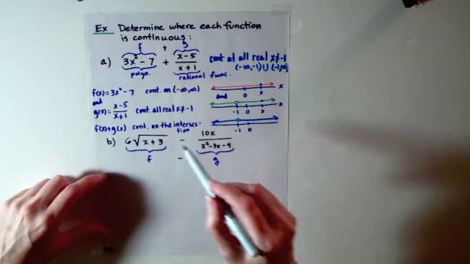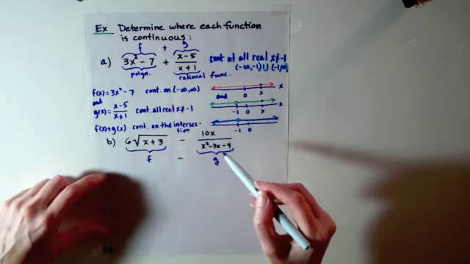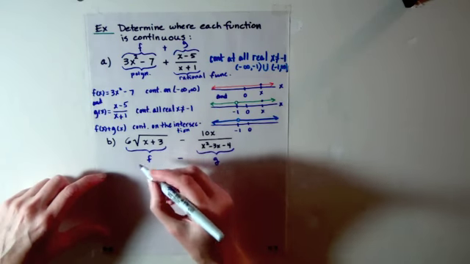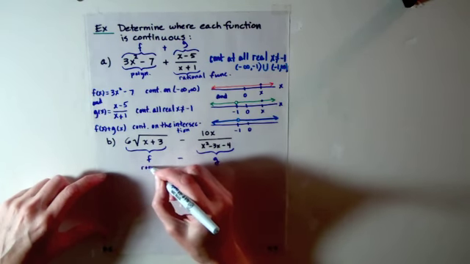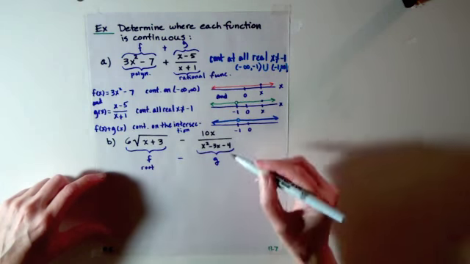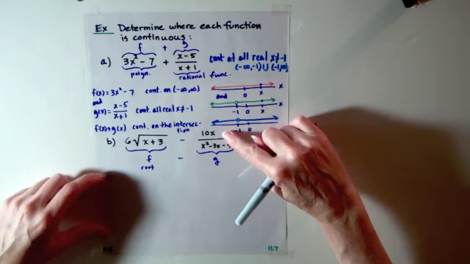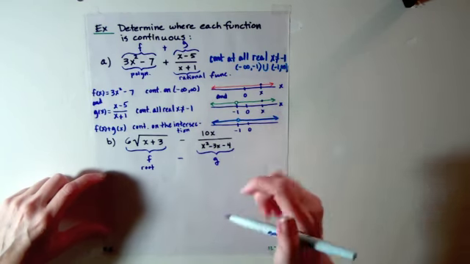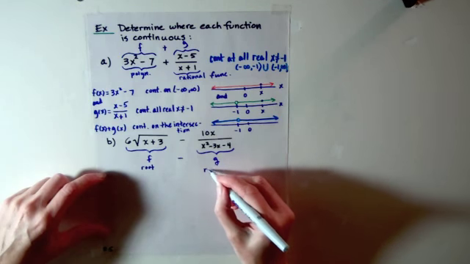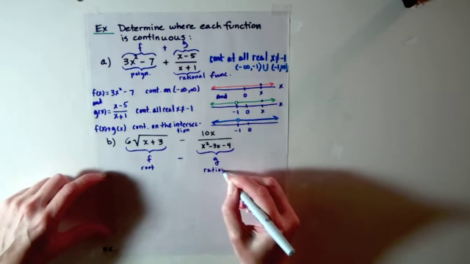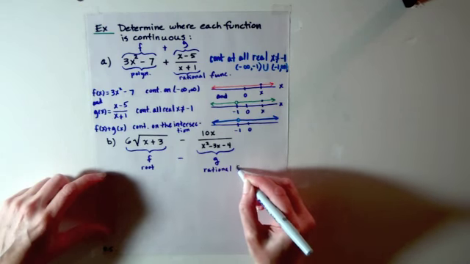Well, why would I separate it into these two functions? I noticed that f is a type of function we've talked about. It's a root function. And g is also a type of function we've talked about. It's one polynomial divided by another polynomial, so it is a rational function. Okay, great.